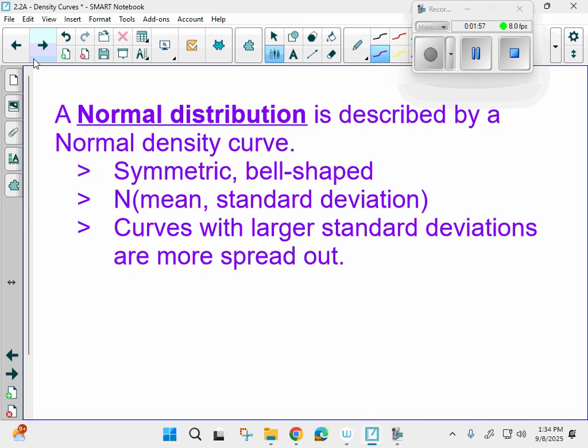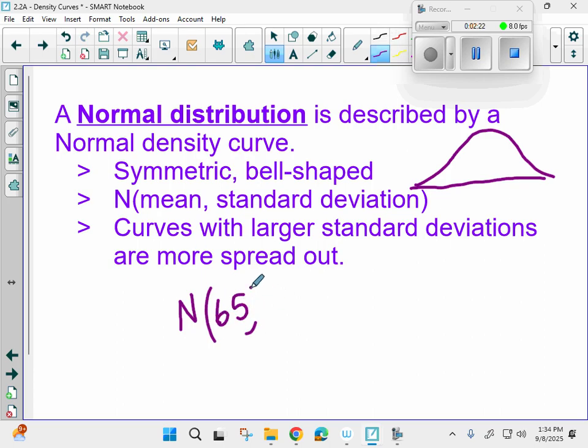But a normal distribution we're going to do a lot with in this class. Okay, a normal distribution is bell-shaped and symmetric. All right, if you see this notation where you have a capital N and maybe the mean height of women is 65 inches, okay, with a standard deviation of about 2 inches.